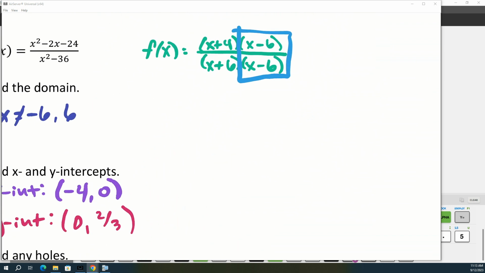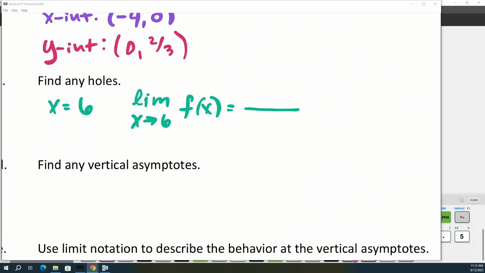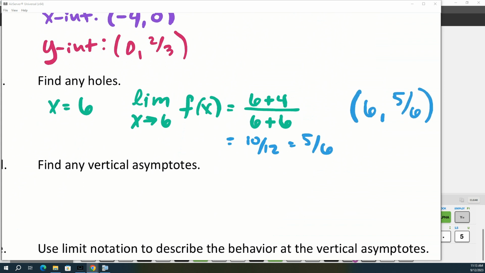So kick out the box and then make all those x's 6's. And again, it's normal to get kind of a weird fraction. We get 10 over 12 or 5/6. So that's going to be the location of the hole in the graph.